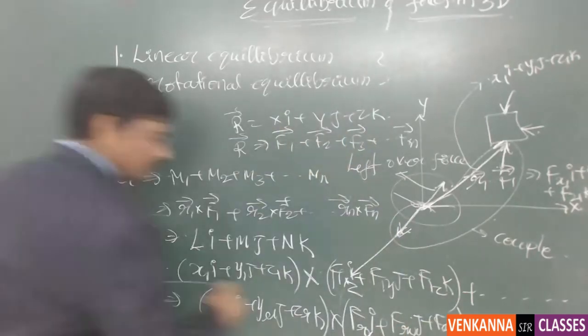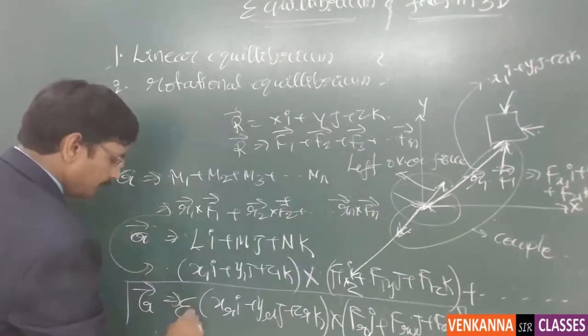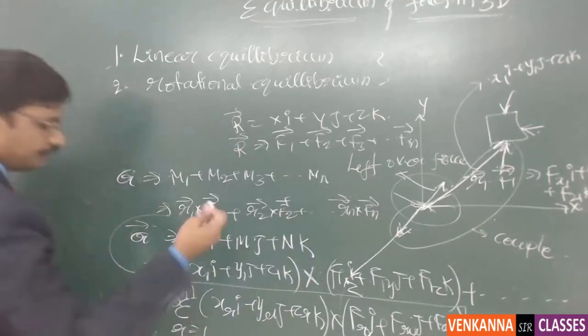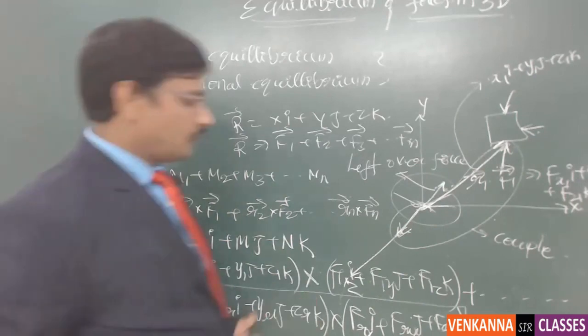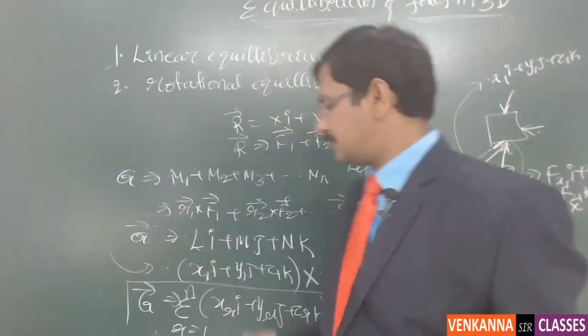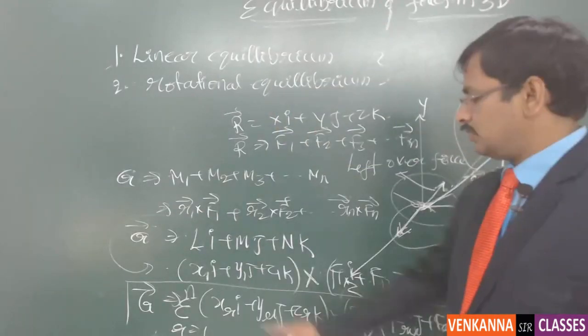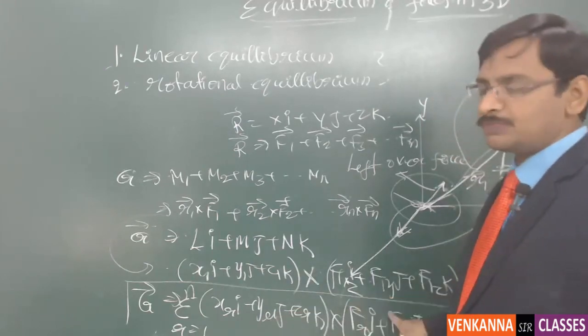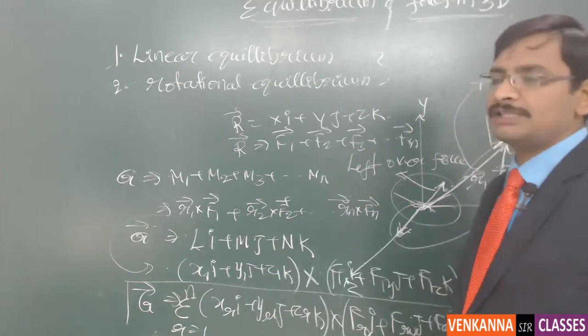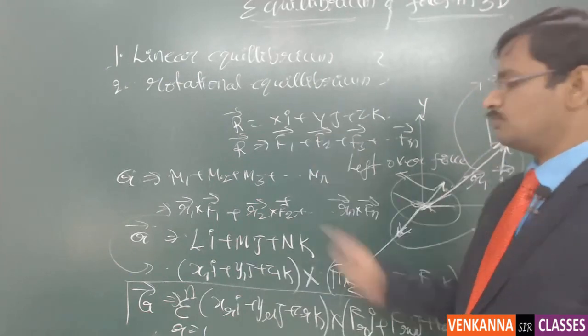So this is the G vector. Now for this one, you just apply r equal to 1 to n. Got it? So this is the sum of all the individual moments. So this sigma implies that: take the individual position vector and individual force vector, take the cross product and then apply sigma on it. You will be getting the resultant moment.